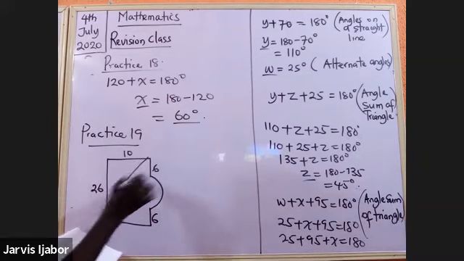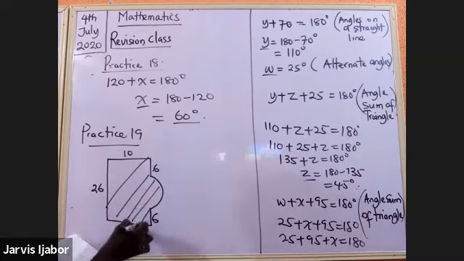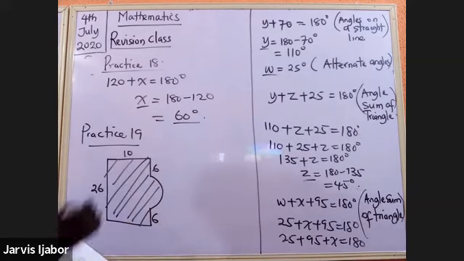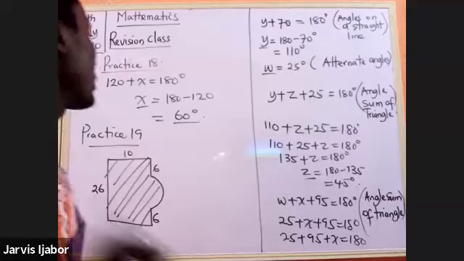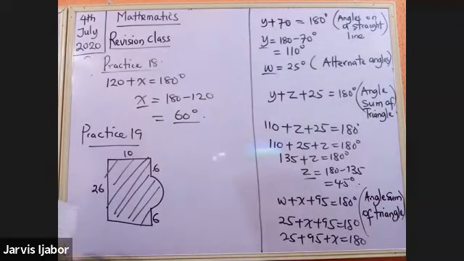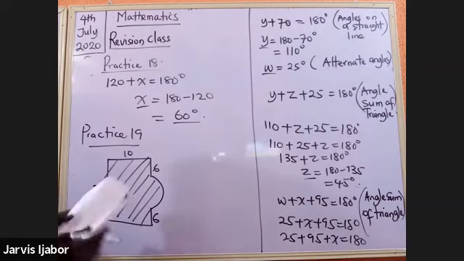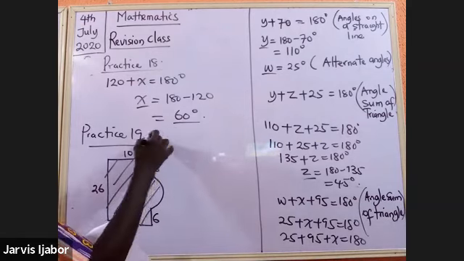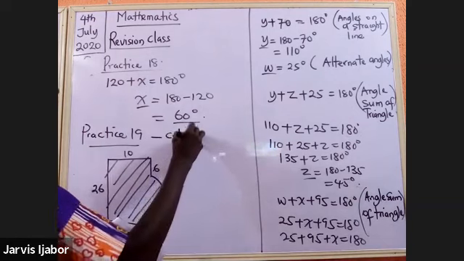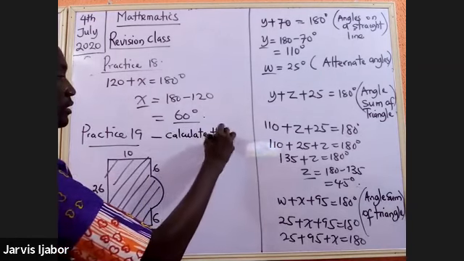And this area is shaded. So let's draw it. That will be practice 19. And I think I can solve that here. Now, if you look at this diagram, we are told to calculate the area.